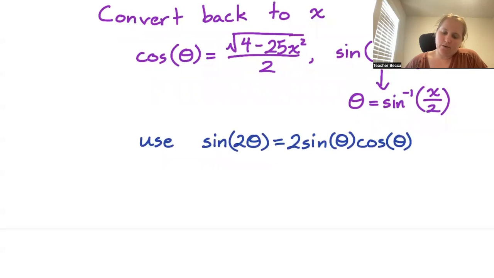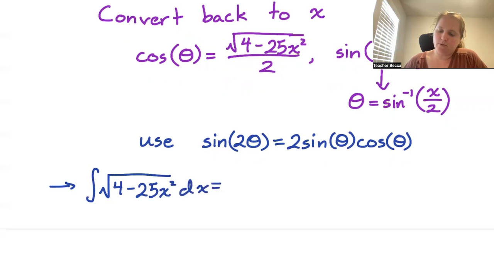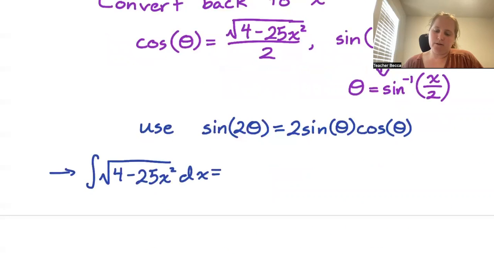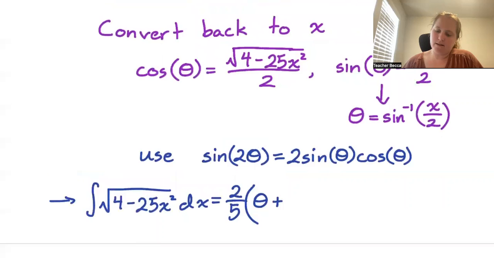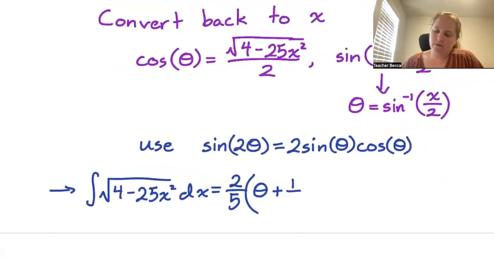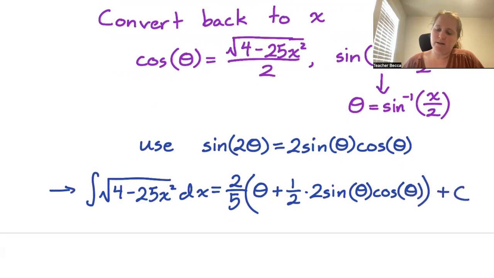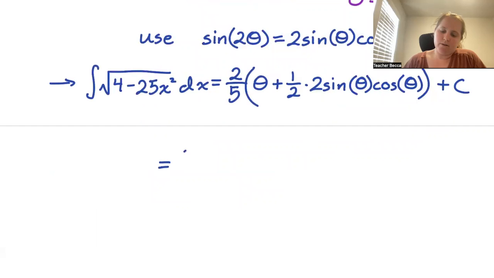And so we have that the integral of the square root of 4 minus 25x squared dx is equal to 2/5 times, in parentheses, theta plus 1/2 times 2 sine of theta cosine theta, in parentheses, plus c, or 2/5 times, in parentheses, sine inverse of x over 2.